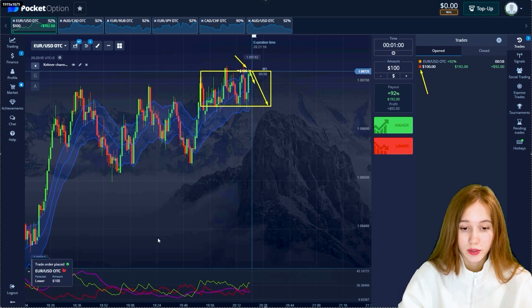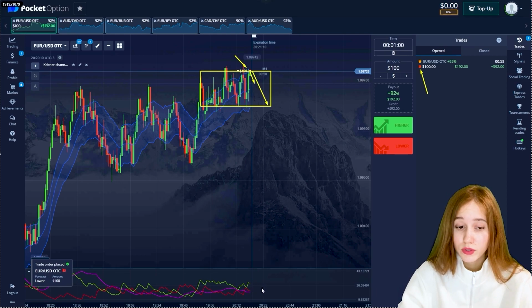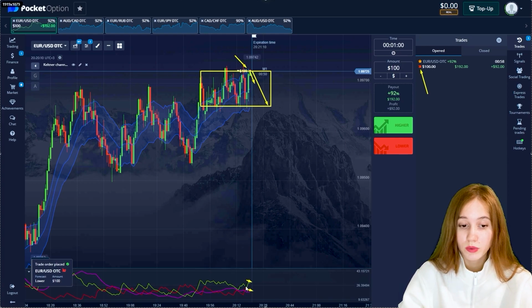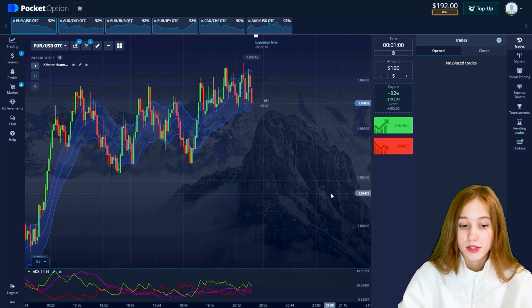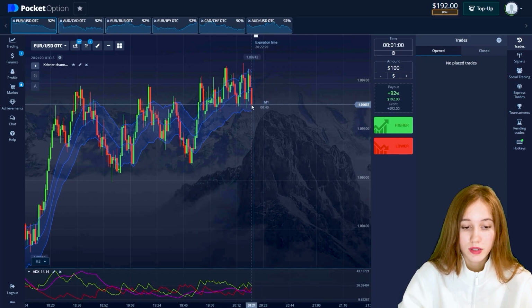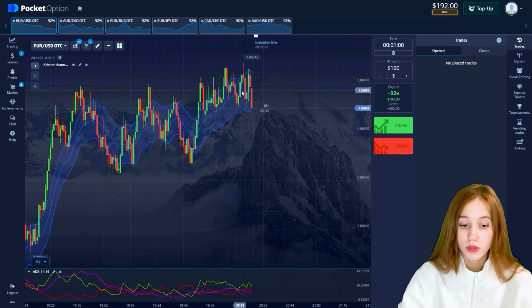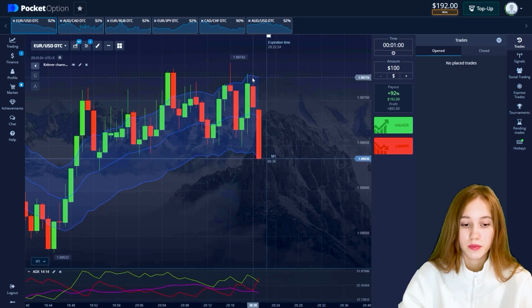By the ADX indicator, we have a similar situation, as well as the green moving average. Likewise, red is directed relatively downward, which also indicates some kind of consolidation. So, yeah, plus deal. Our balance is already $192. Good.